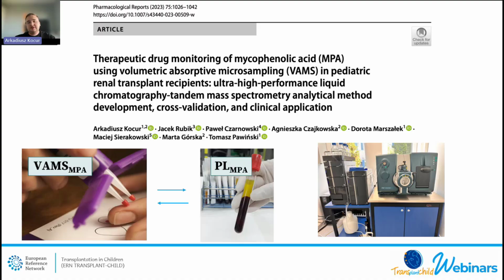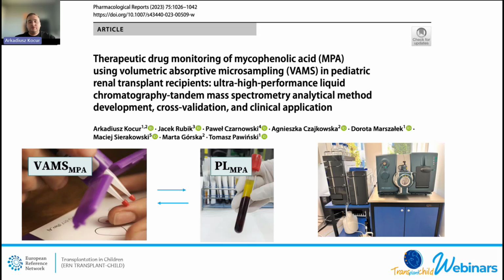The issue is if our drug is distributed mainly in plasma. Mycophenolic acid is normally determined in plasma or serum. So the recalculation of concentration from capillary blood to expected plasma or serum concentration is necessary.